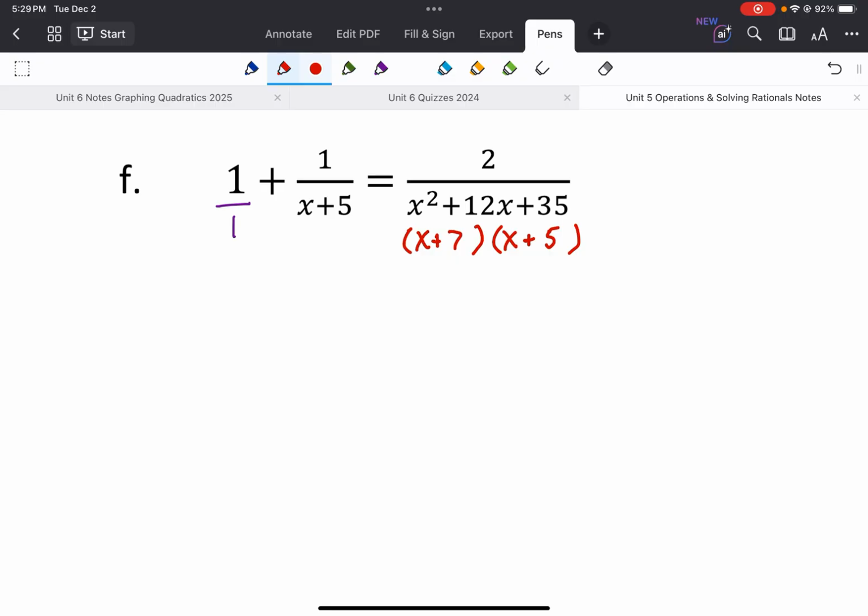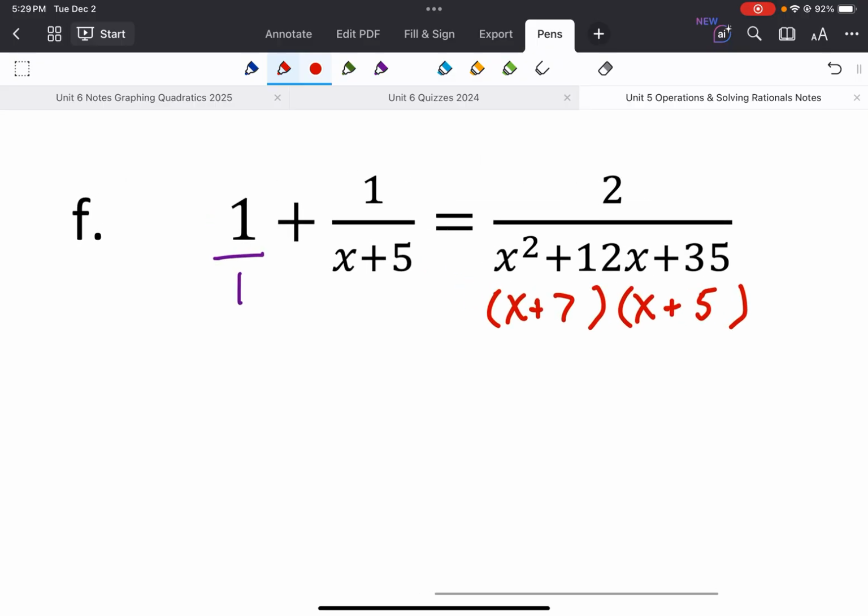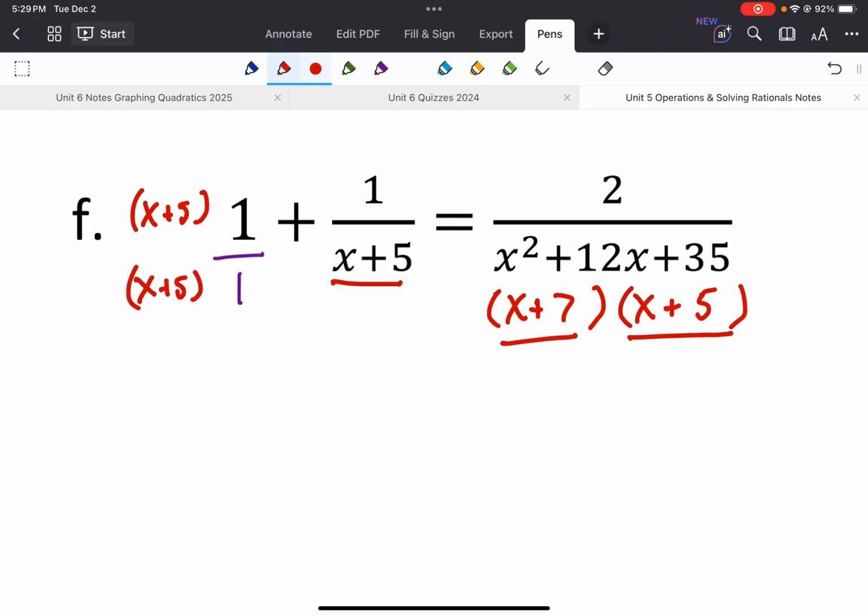And then we need to have a common denominator. This one's maybe a little harder than what I remembered, but we're going to give it a go anyways. So we've got an x plus 5 and an x plus 5, but this does not have an x plus 5. This has an x plus 7.